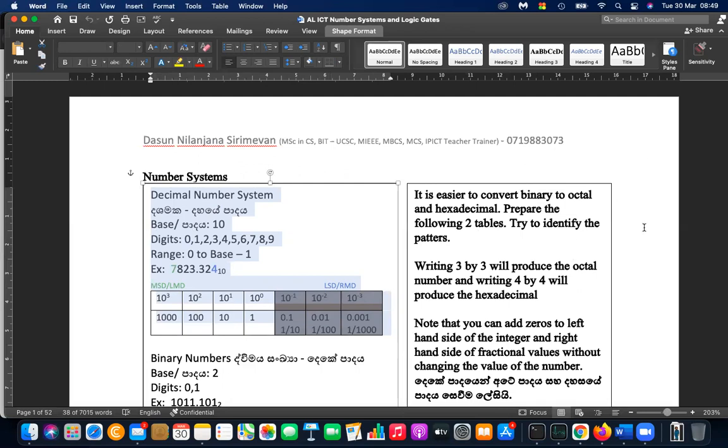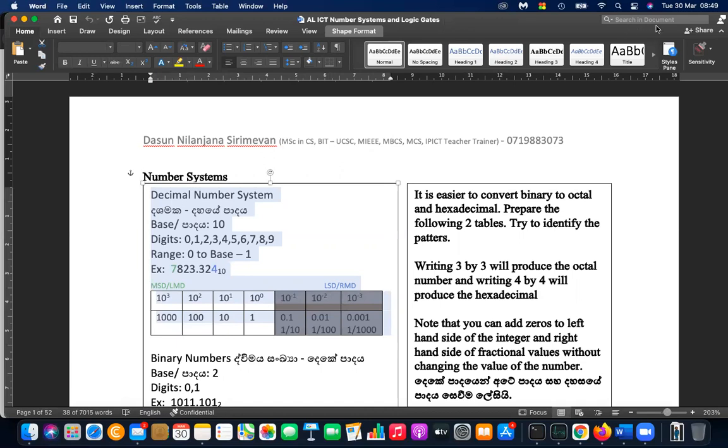Then the digits. These are the digits in decimal, so what are the digits in binary, in octal, in hexa? What is the range? An example. And the MSD and LSD with the positional values. Just complete a single large table in this direction.